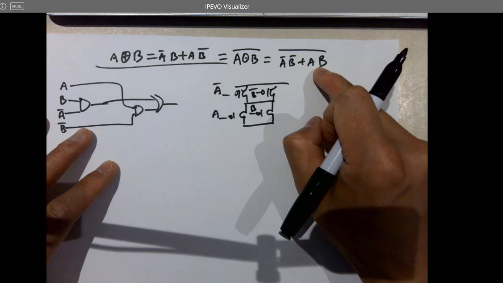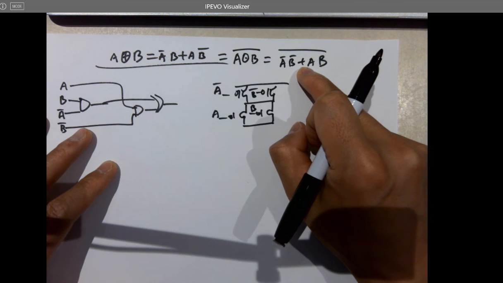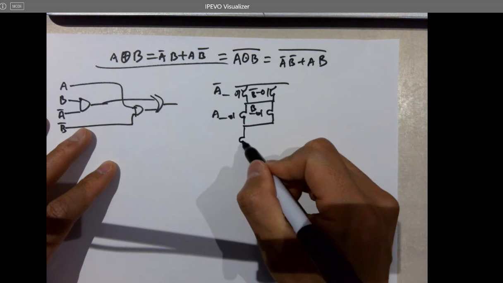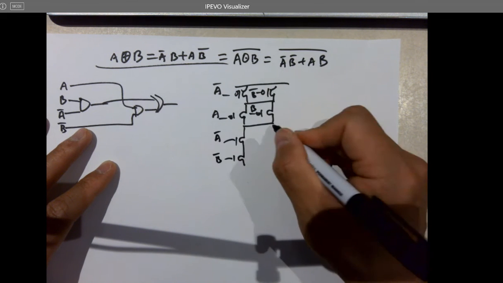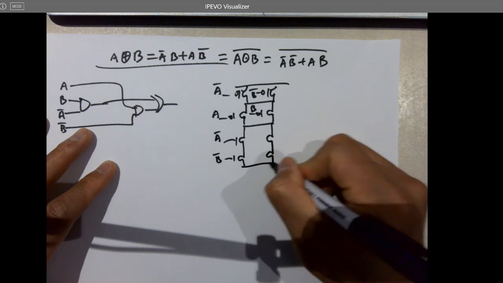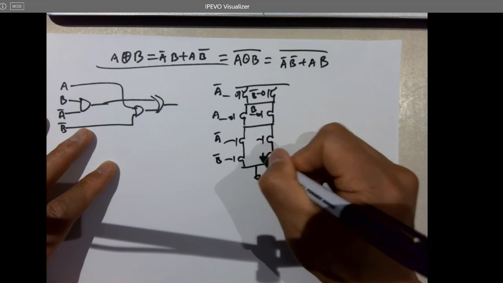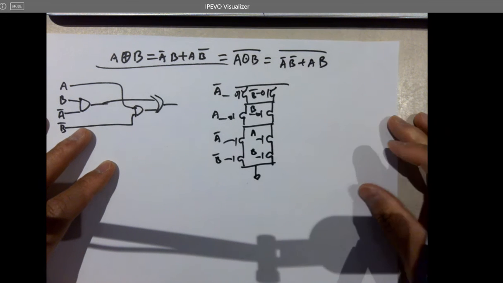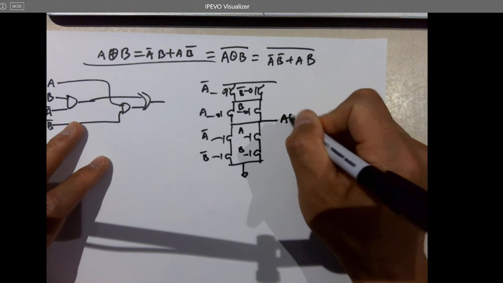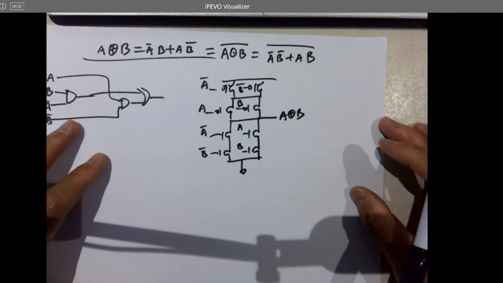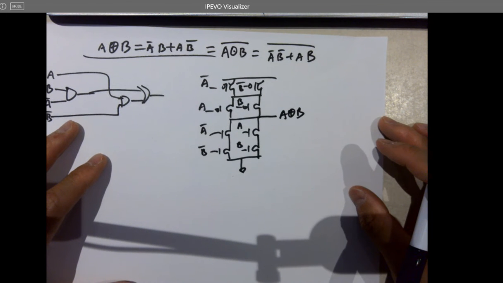Series NMOSes, and parallel NMOSes. Okay. Only 8 transistors.